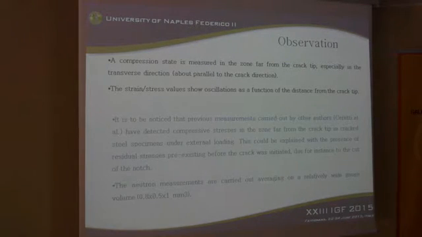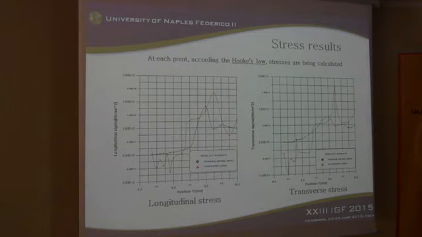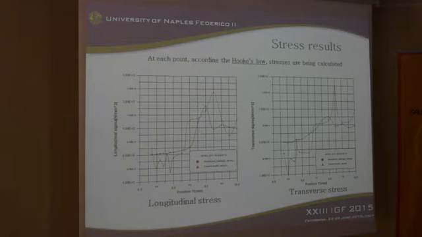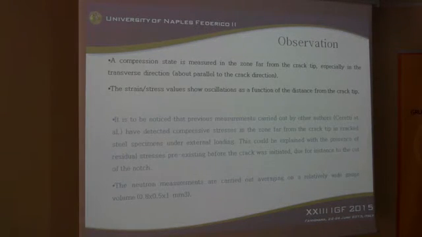The compression state is due to the fact that in this zone it is possible to find a residual stress due to the cut of the notch, while the irregular trend is due to the neutron measurement, which is carried out on a wide gauge volume.